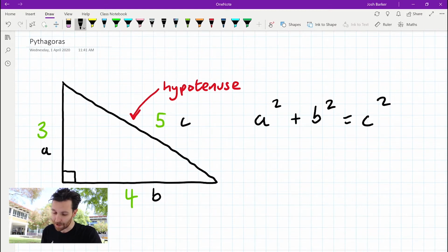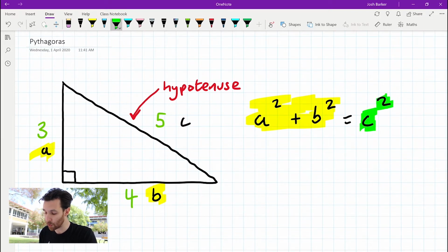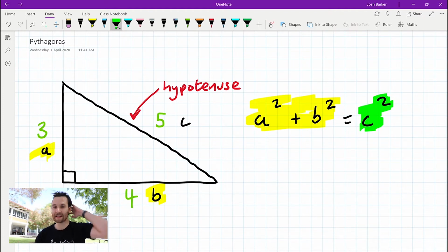That tells us that if we square the shorter two sides of a right-angled triangle and add them together, so in this case a squared plus b squared, these two shorter sides here, square those and add them together, we'll always get the length of the hypotenuse squared for every single right-angled triangle in the history of human existence. And non-human existence, I guess.